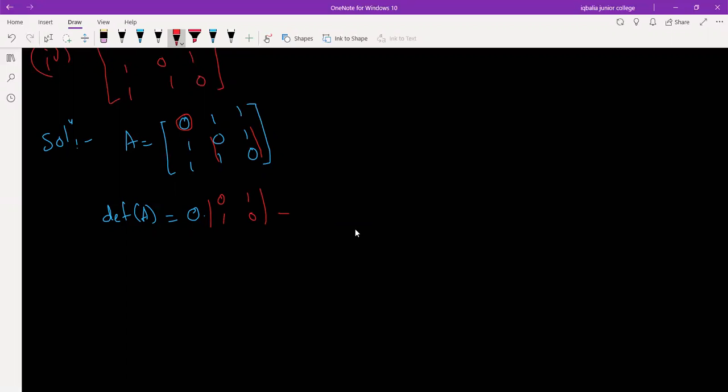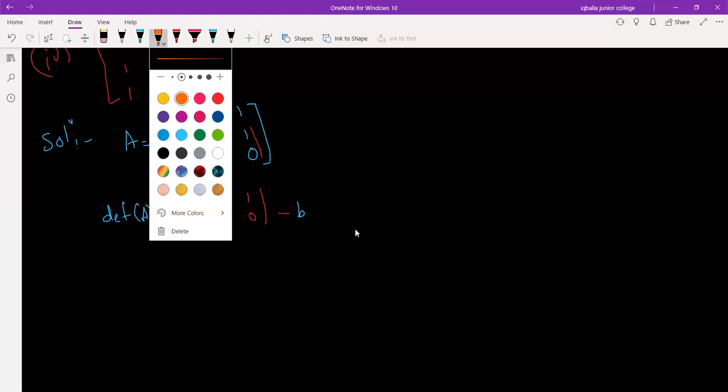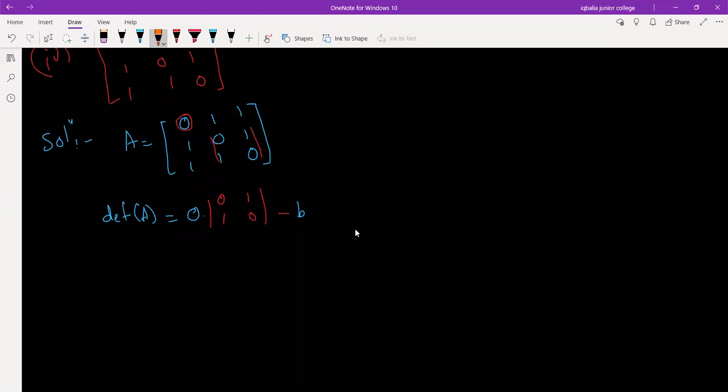Now minus the second element of the first row, which is 1. Suppose this is the element, so the cofactor will be the rest. We remove this row and this column, then we get the cofactor, which will be 1, 1, 1, 0.